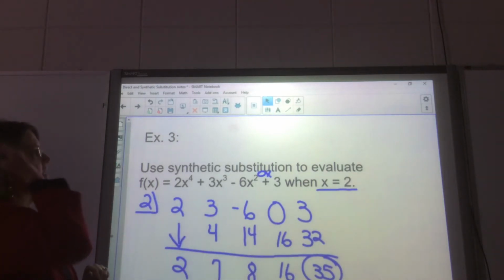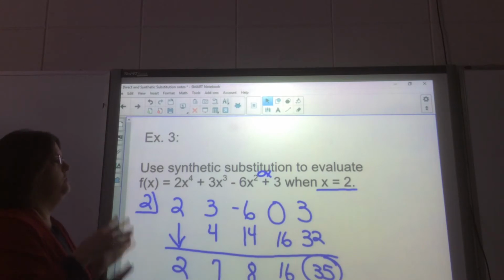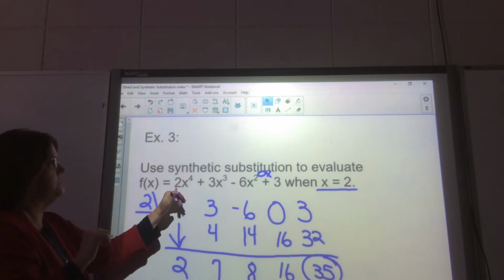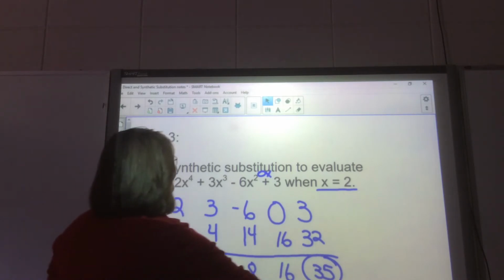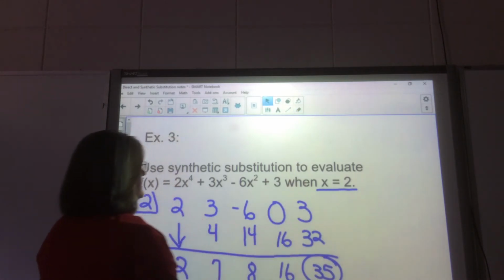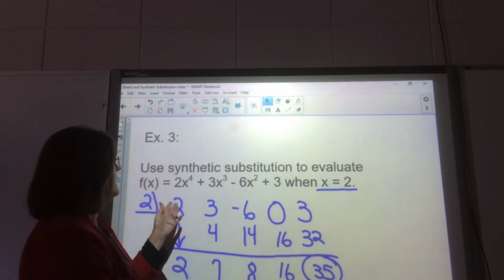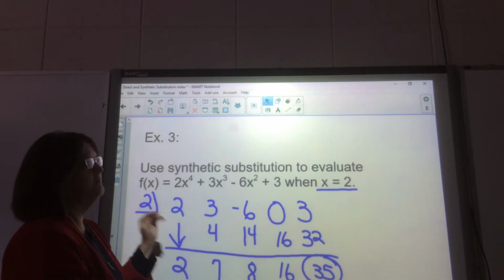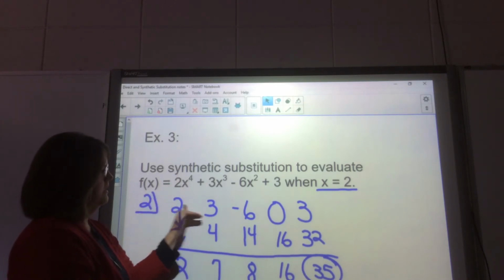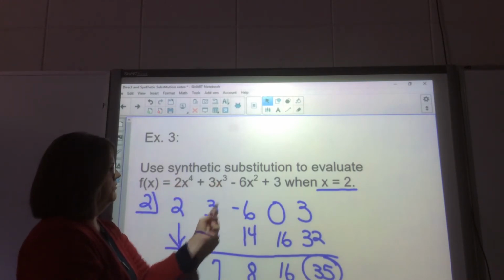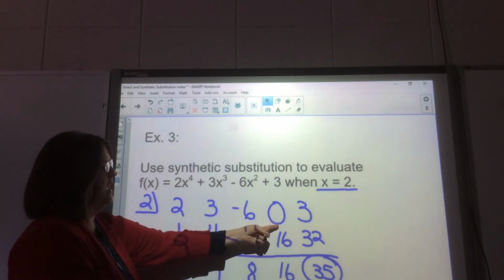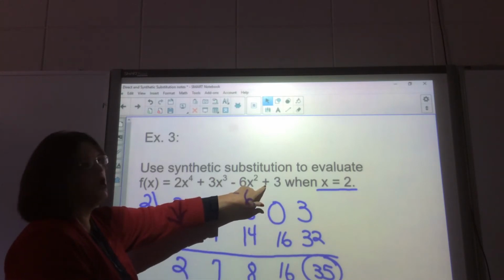All right, synthetic substitution. What you do with synthetic substitution, you see this here. You put down all of the coefficients in order. So 2, 3, negative 6, notice I have a 0. That's because my x term is missing.